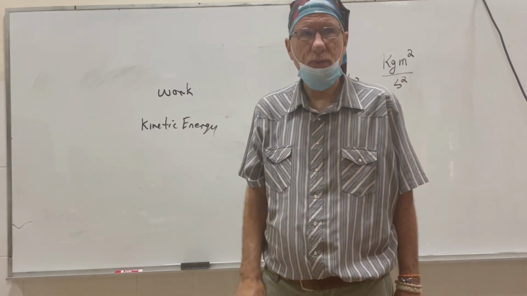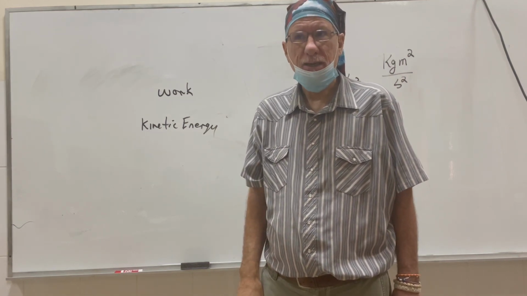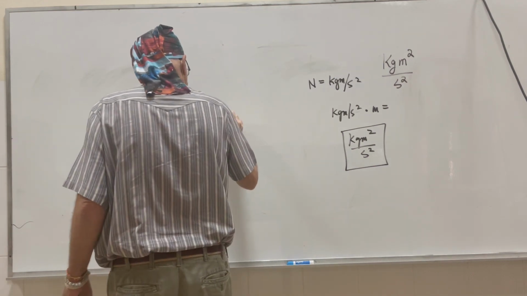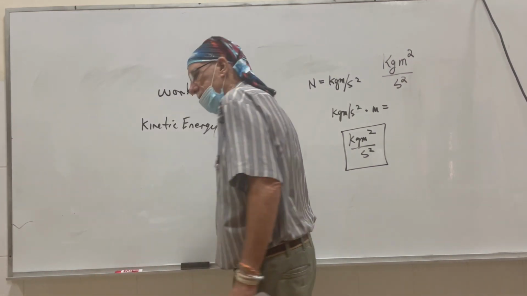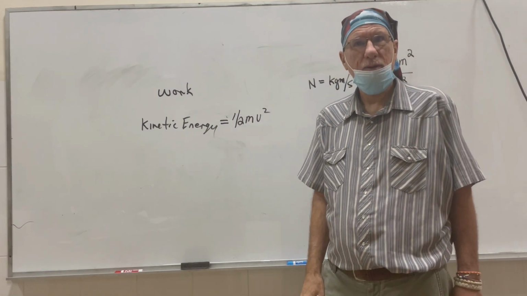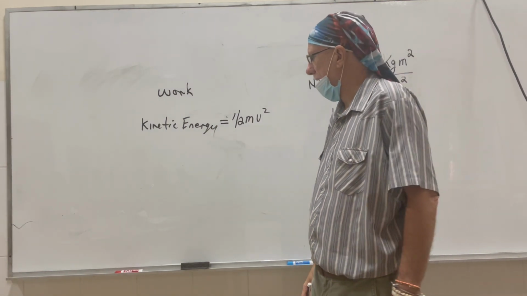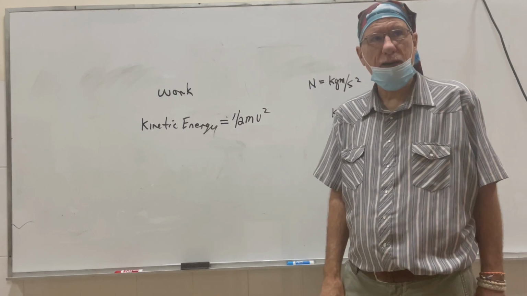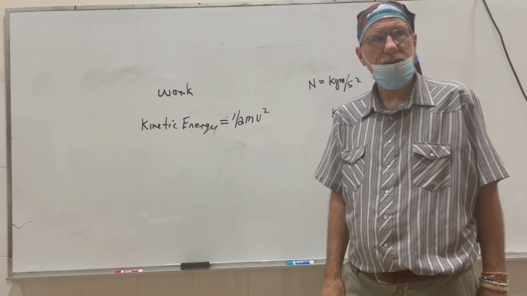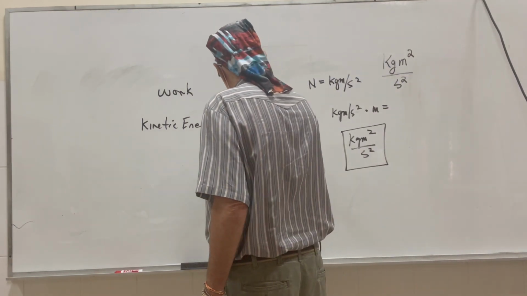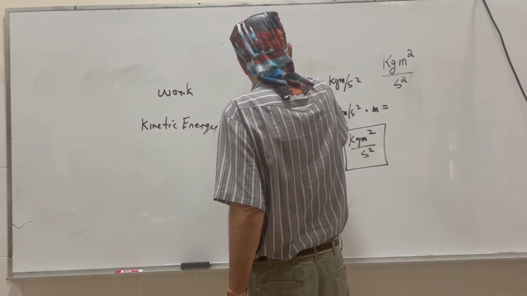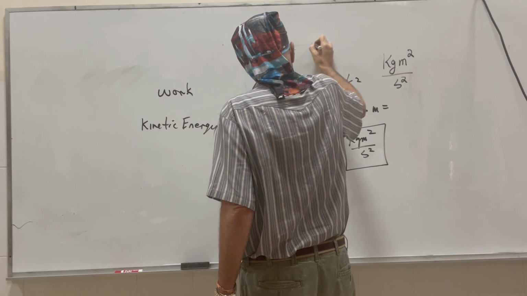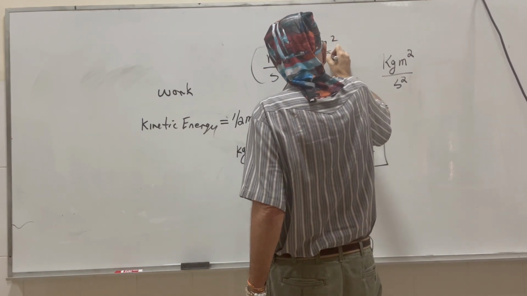In AP chemistry, we've gone over that, right? Yes? We know that this is 1/2 mv squared. Correct? Yes? Okay. So this is going to be kilograms, meters over second squared, would be meters squared over second squared.